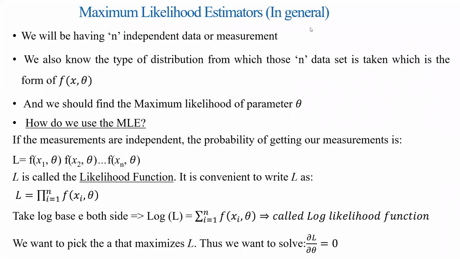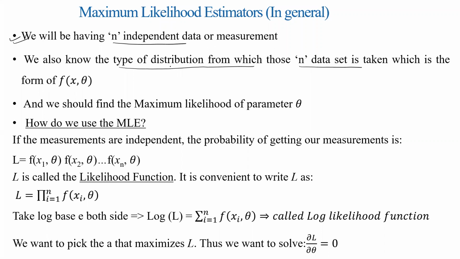So now look at the definition of maximum likelihood estimator. We will be having a set of n independent data. This should be given to us. We also know the type of distribution from which this n set of data is taken. As in the previous case, we had Poisson distribution given.